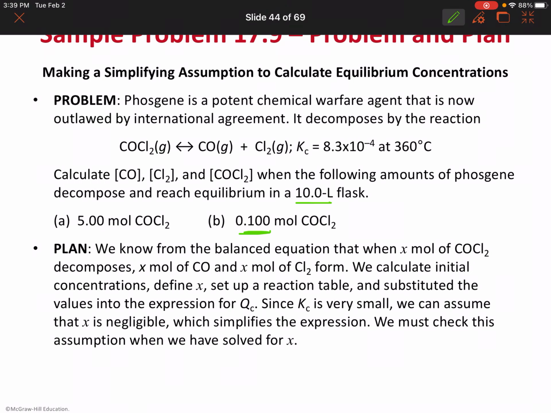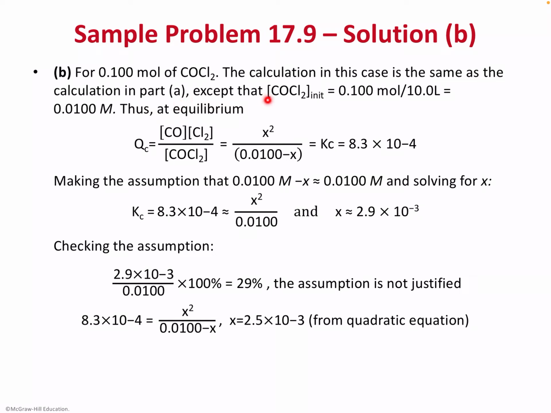The calculation in this case is the same as the calculation in part A. So 0.1 over 10 liters will give us the molarity, 0.01.